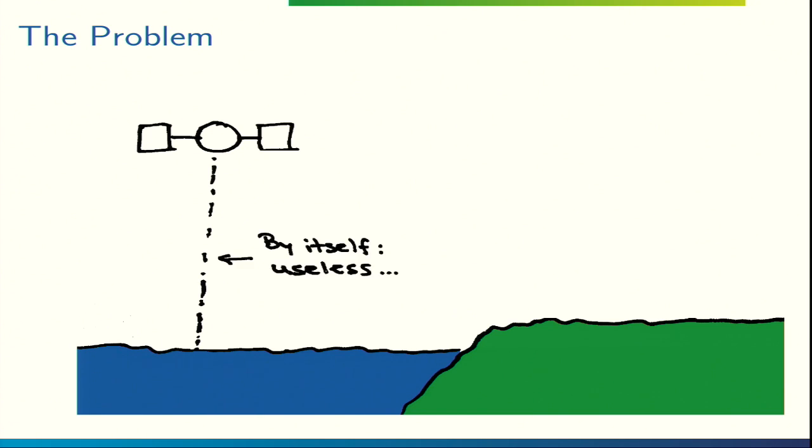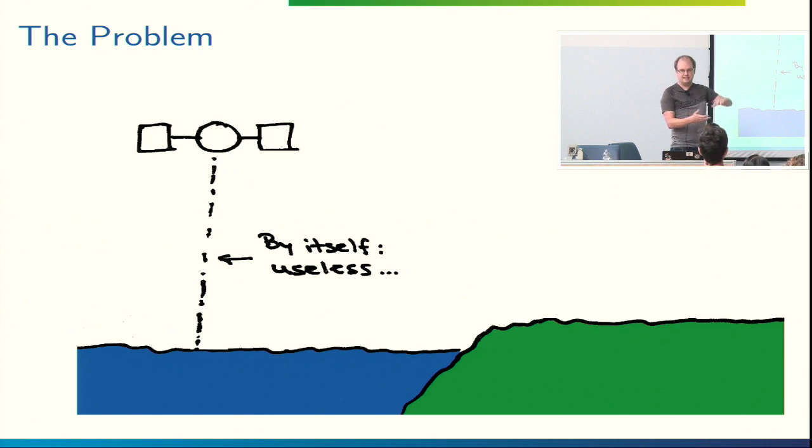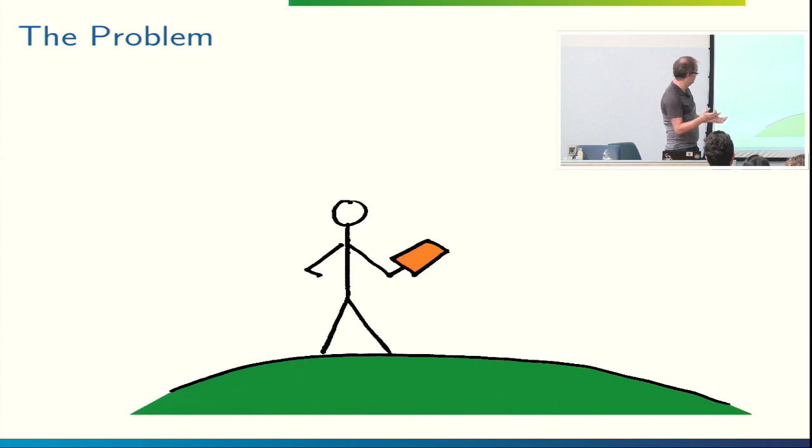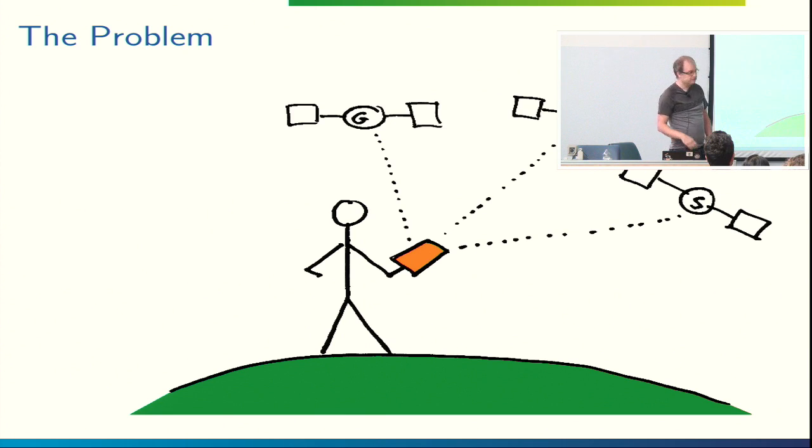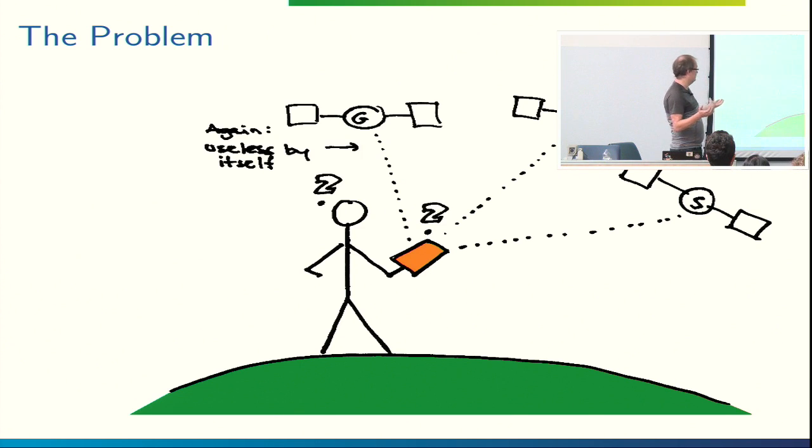That's by itself fairly useless. The satellite is 963 kilometers above the ocean. Who cares, really? Or similarly, say that you're somewhere and you don't know where. Luckily, there are some GPS satellites, and by themselves, the GPS satellites will just tell you that they're 20,000 kilometers away from you. Again, not very useful information by itself.